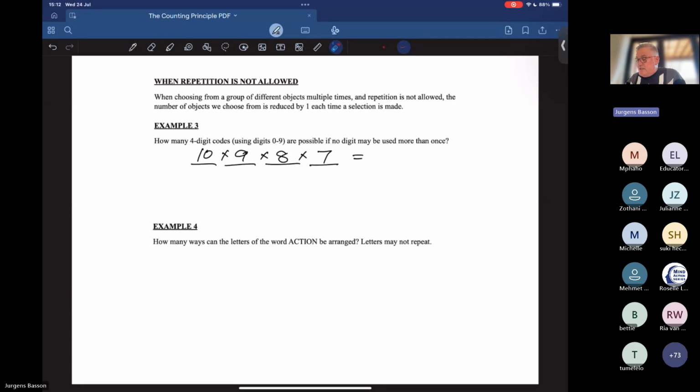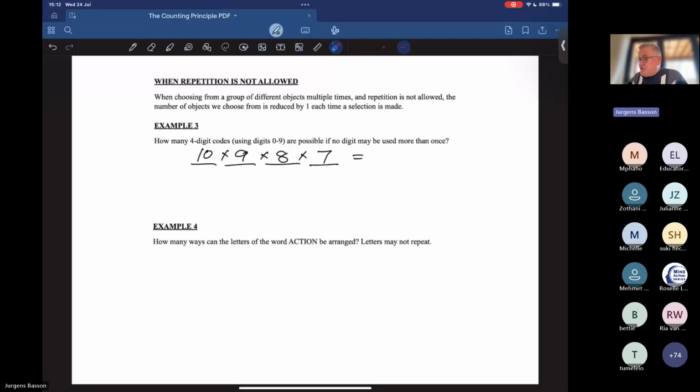In the next example, it's still that there's no repetition. This one is where I took a word, and this word is ACTION. If you look at previous exam papers, you will notice that it's a very common way of testing the counting principle in the matric finals. They quite like to give a word.